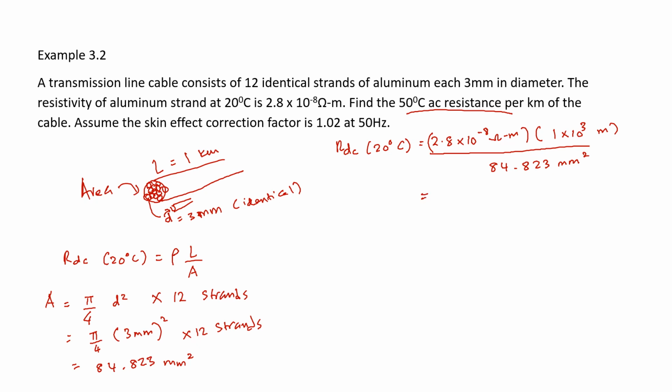So we get here the DC resistance at 20 degrees Celsius is 0.33 ohm.